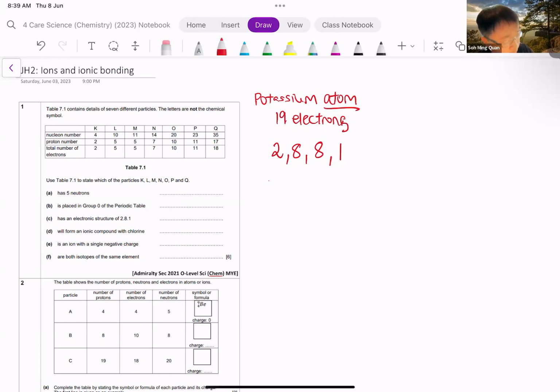So that's what we did last lesson. Now, this is obviously not stable. 2, 8, 8, 1 is not a stable electronic configuration, because it does not have a fully filled outermost electron shell.